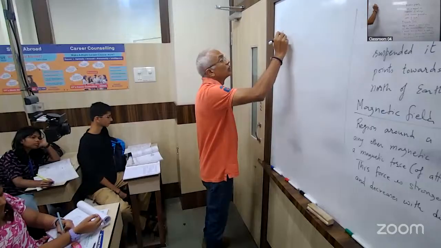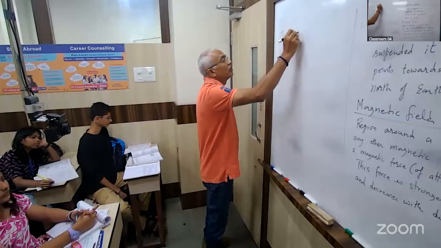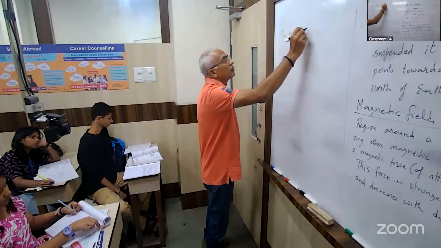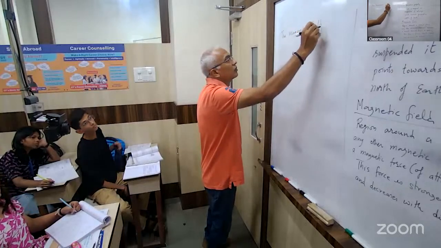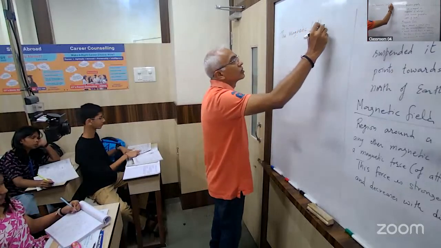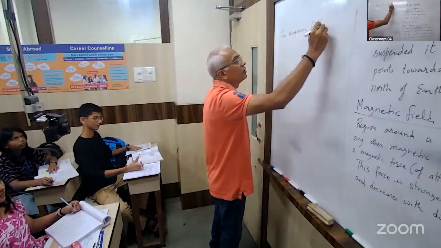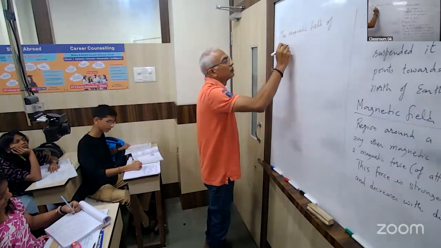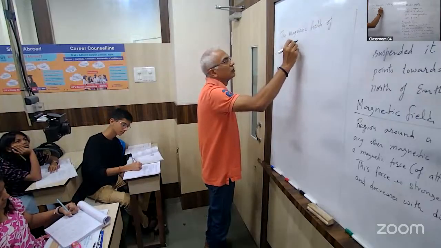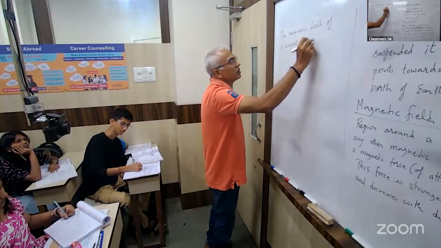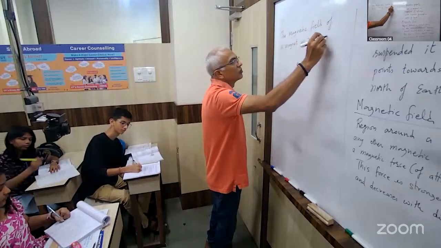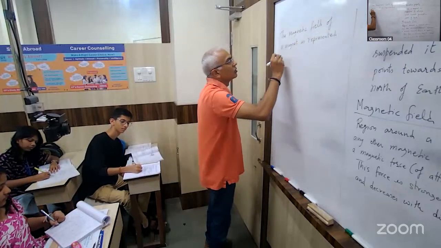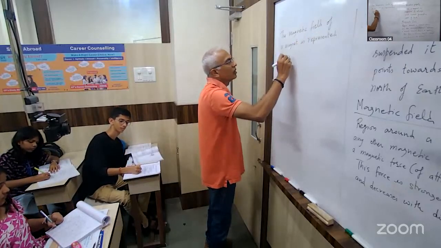The magnetic field strength, or magnetic field of a magnet, is represented by magnetic field lines.